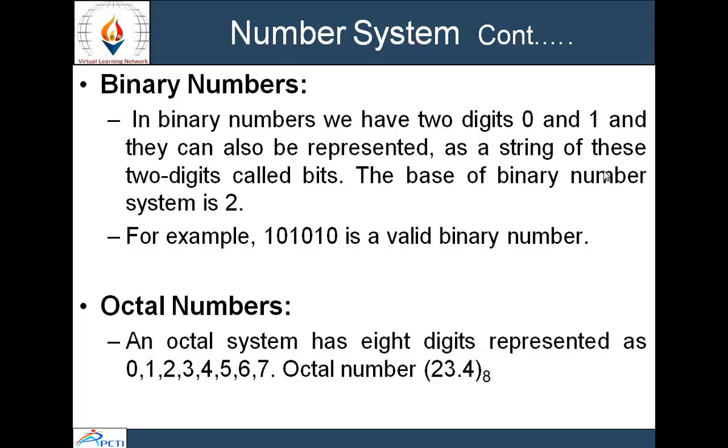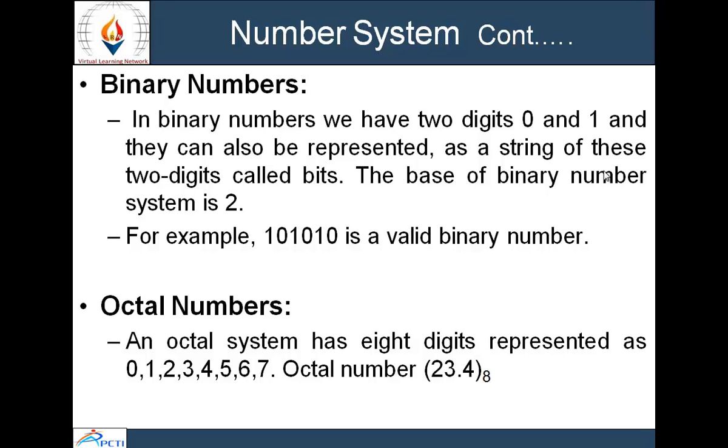In binary numbers, we have two digits 0 and 1, and they can also be represented as a string of these two digits called bits. The base of binary number system is 2. For example, 101010 is a valid binary number with base 2.